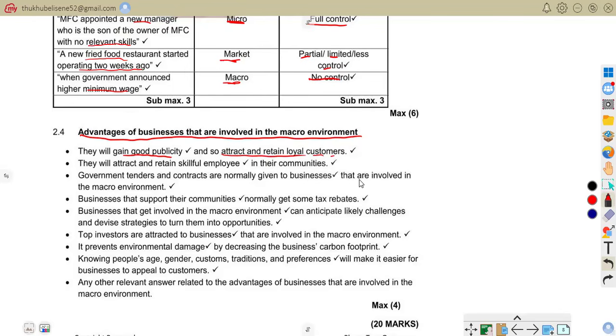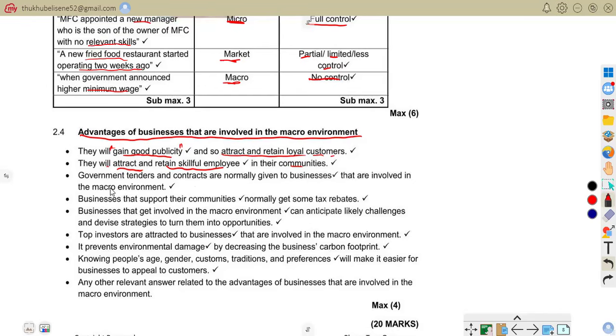We are talking about gaining good publicity, meaning to say the business becomes well-known and trusted. That is that. They will attract and retain skilled employees in their communities. So employees prefer socially responsible business. That is what it means.